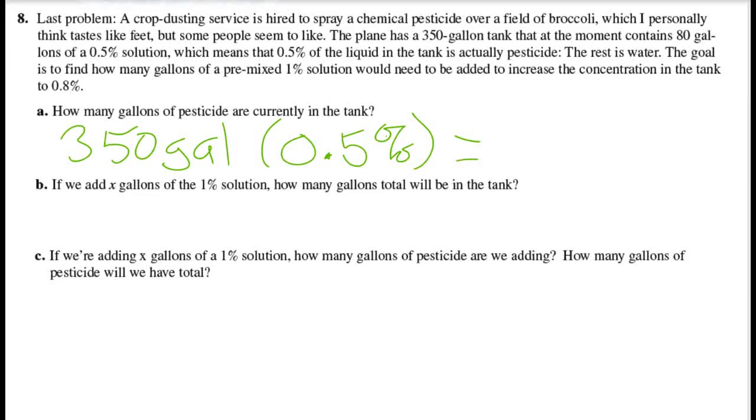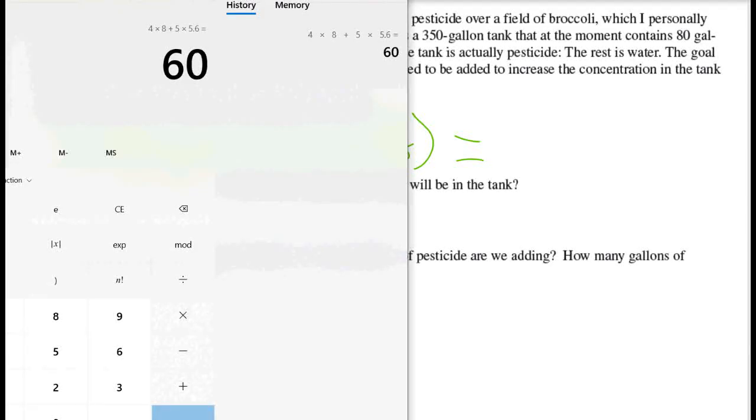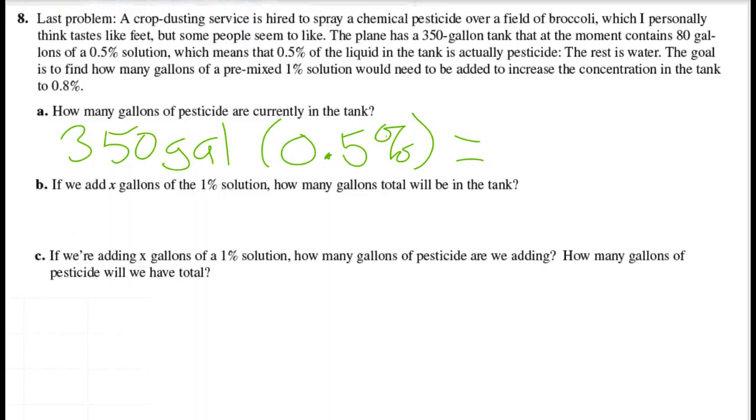When I go to my calculator, 0.5%, I need to divide by 100, get 0.005. I multiply that by 350, and I get 1.75 gallons.